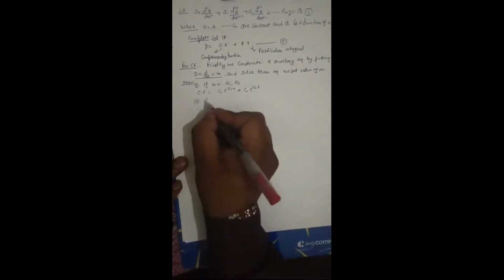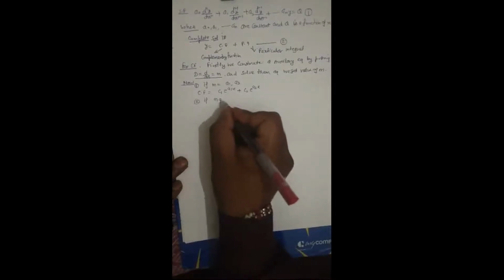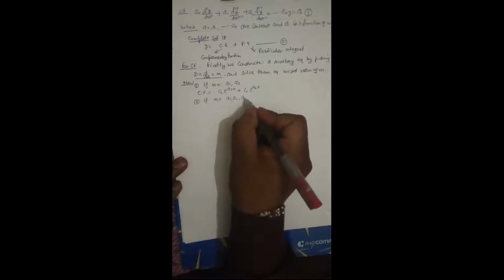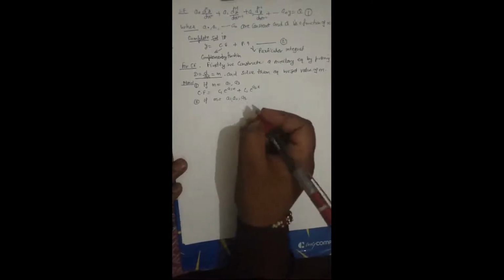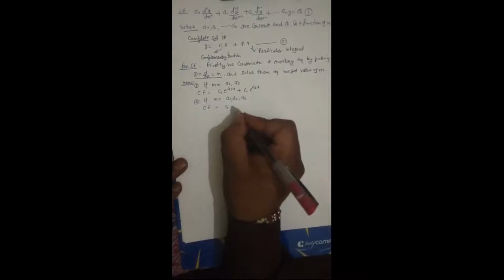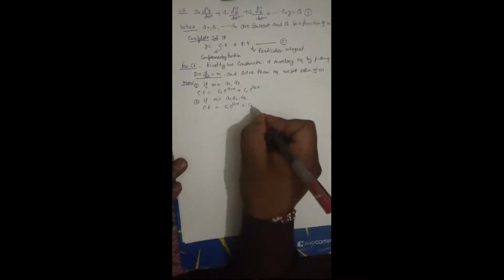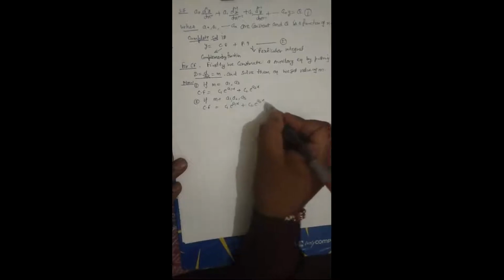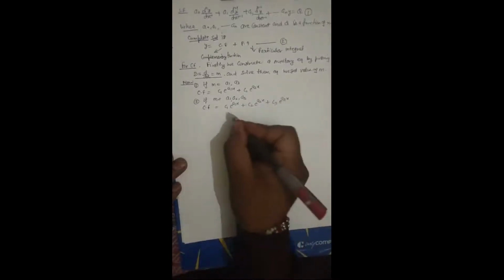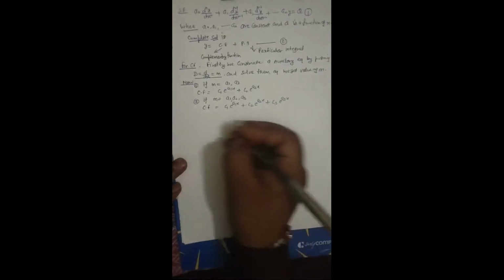Similarly, if the values of m are a1, a2, a3, then CF can be written as c1 e^(a1x) plus c2 e^(a2x) plus c3 e^(a3x), where c1, c2, c3 are arbitrary constants.